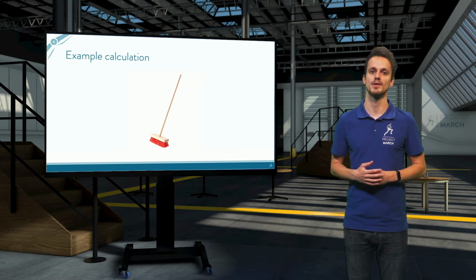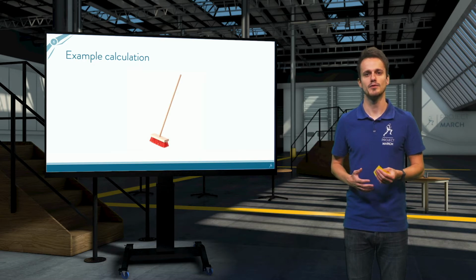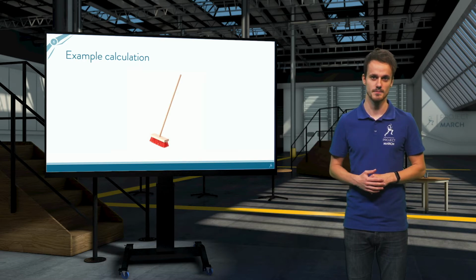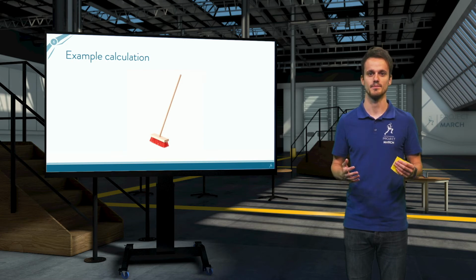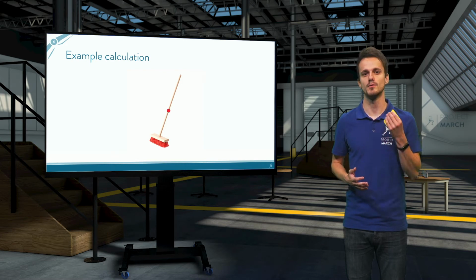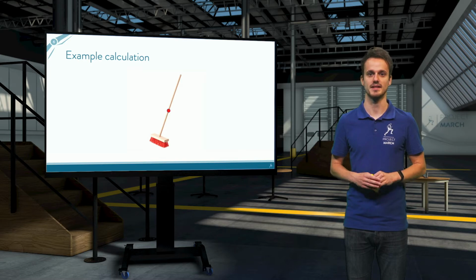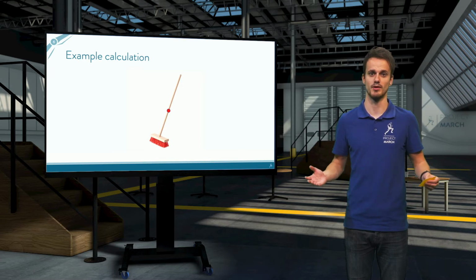Let's see how you would normally calculate the center of mass using this broom as an example. Looking at it, we can say that it looks a bit like the letter T. Now, if you want to balance this broom on your finger, where would you place your finger? You probably wouldn't place your finger at the exact middle of the broom. It would tip over.